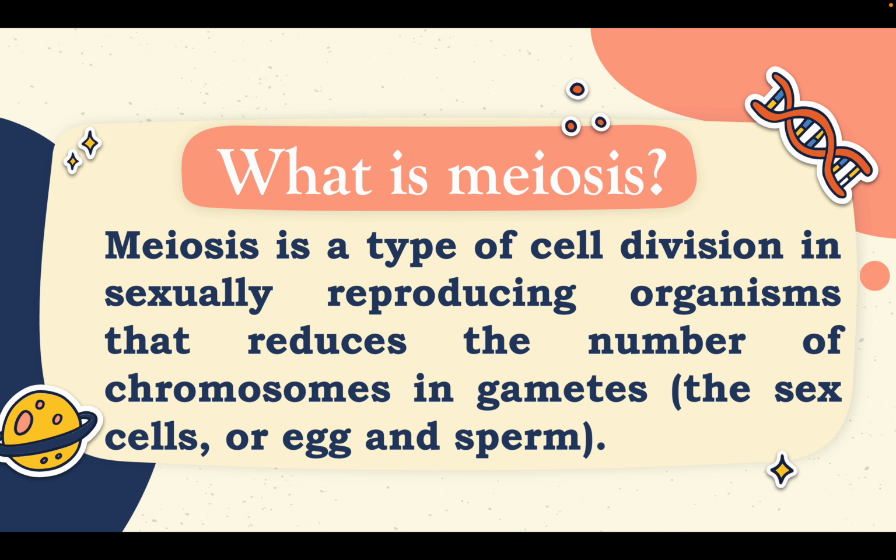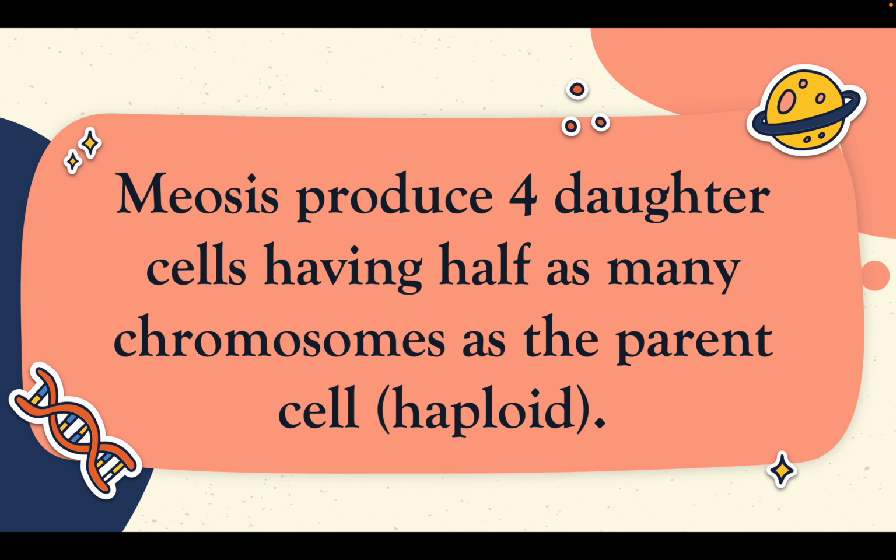This halving of chromosome number is very important for sexual reproduction because when the two gametes, the sperm cell and the egg cell, combine during fertilization, they create offspring with the correct number of chromosomes. So, one set from each parent.